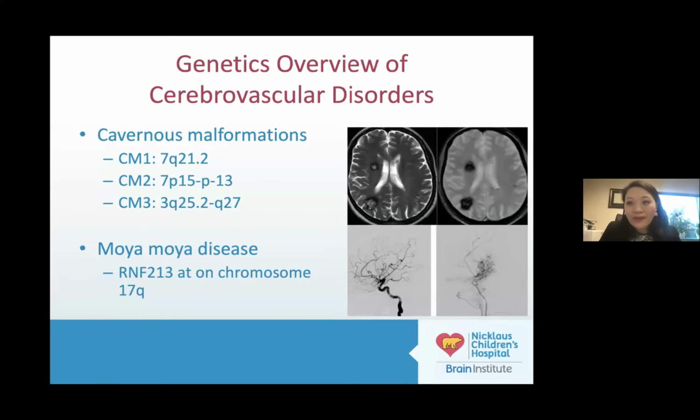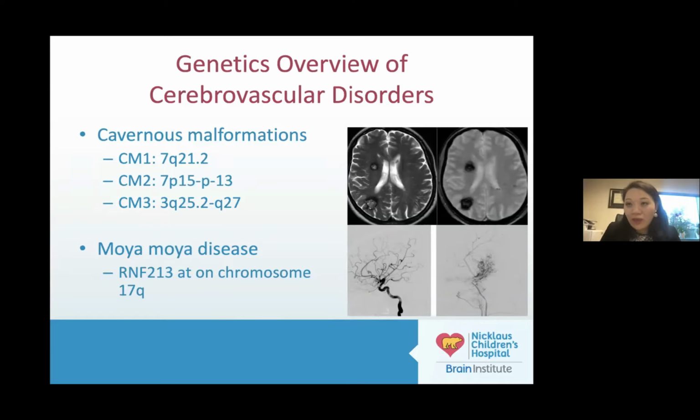Genetic linkage analysis in cerebral cavernous malformations has identified 3 different loci: CCM1 on chromosome 7q, CCM2 on chromosome 7p, and CCM3 on chromosome 3q.